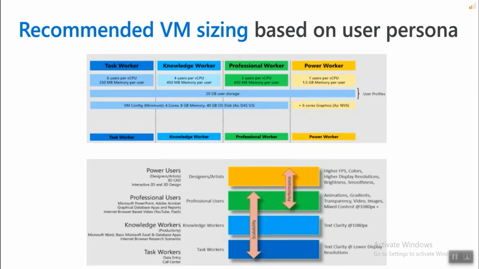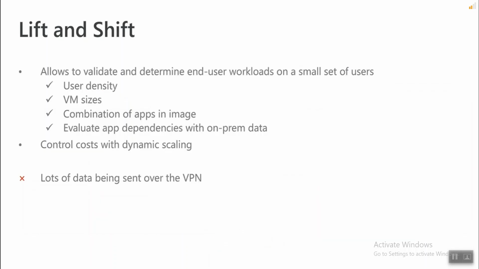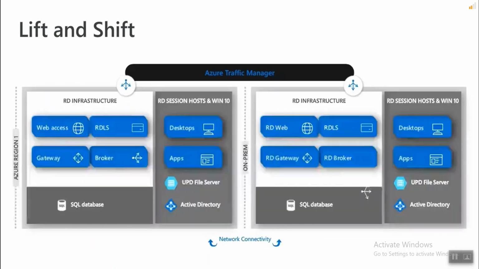All right, so let's take a look at what the lift and shift method actually does. You have an on-prem infrastructure along with all your virtual network, all your virtual machines, the user profile disk, file server, Active Directory, everything. What the lift and shift method basically does is create an exact replica of what is there on-prem on Azure.